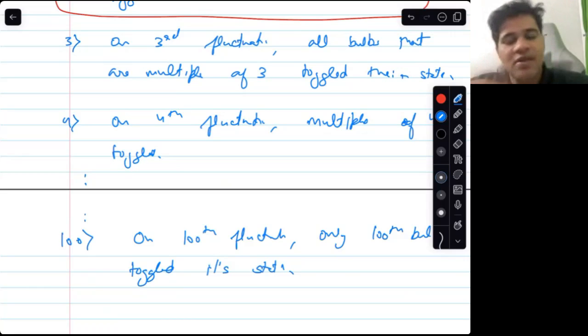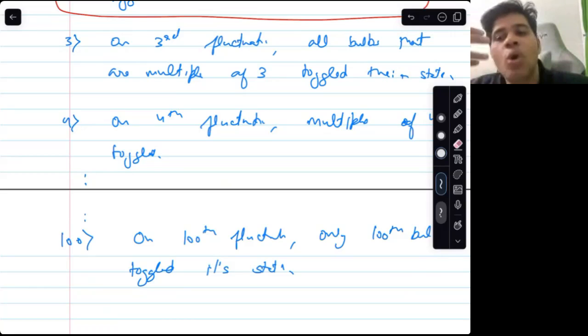In the first fluctuation, all multiples of 1, that is all the bulbs. In second fluctuation, all multiples of 2, that is all even bulbs. On third fluctuation, all multiples of 3, 33 bulbs out of 100. The last one is 99. On fourth fluctuation, all multiples of 4. On 50th fluctuation, all multiples of 50. On 100th fluctuation, all multiples of 100.